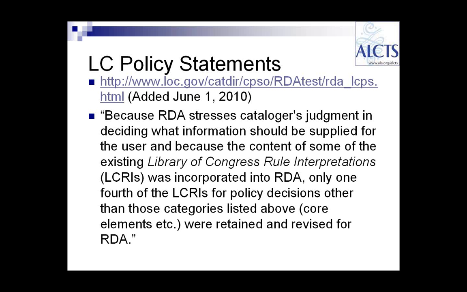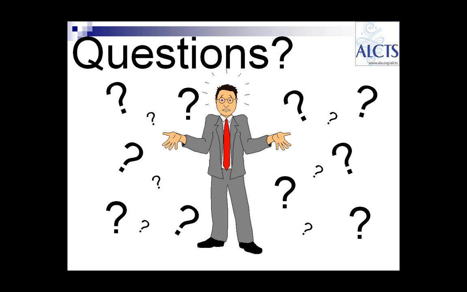RDA stresses cataloger judgment in deciding what information should be supplied for the user, and because the content of some of the existing LCRIs were incorporated into RDA, only about a fourth of the LCRIs for policy decisions, other than those categories listed above for like core elements, were retained and revised. Okay?